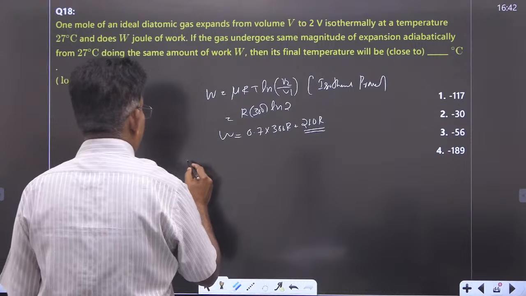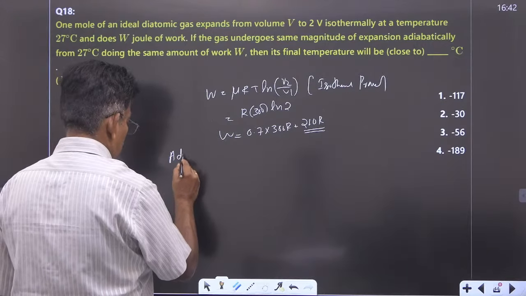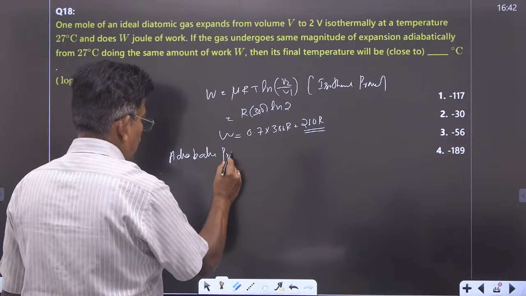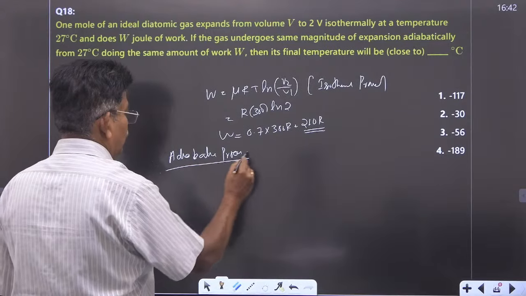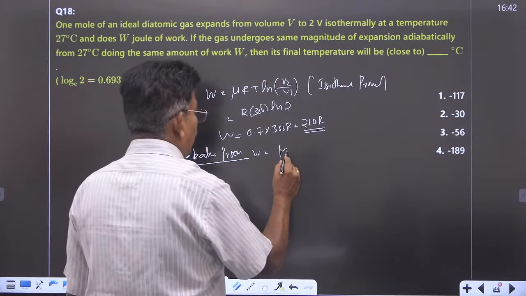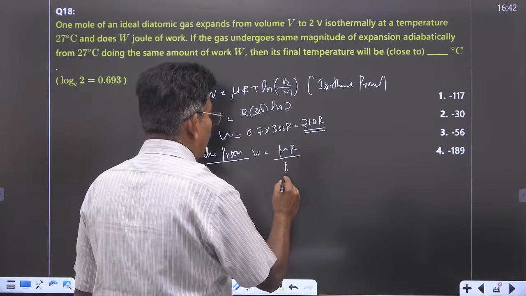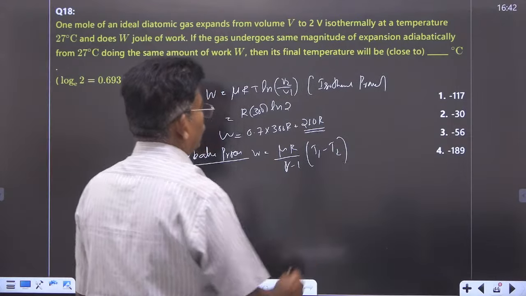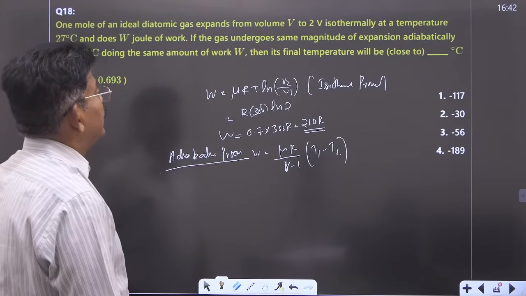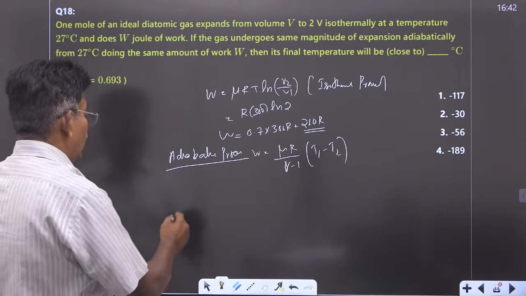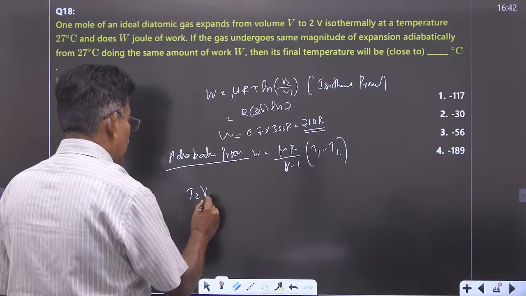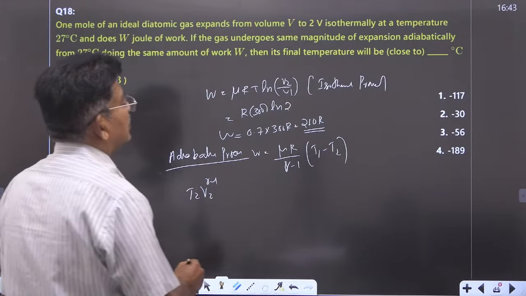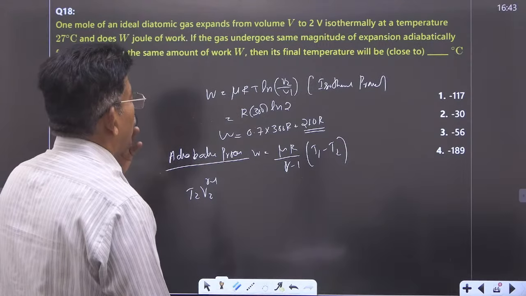In the adiabatic process, work done is given by mu R divided by gamma minus 1 into T1 minus T2. T1 is with you. T2 you have to calculate using what formula? T2 into V2 to the power of, this is the final temperature. You have to calculate this.